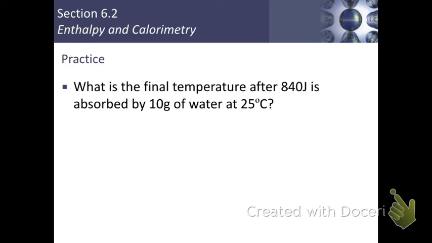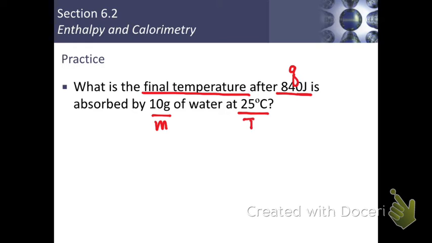What's the final temperature after 840 joules is absorbed by 10 grams of water at 25 degrees Celsius? Okay, so this time we're looking for final temperature. The 840 joules, what variable does that go with? Q. Here's my mass. And what is this value?